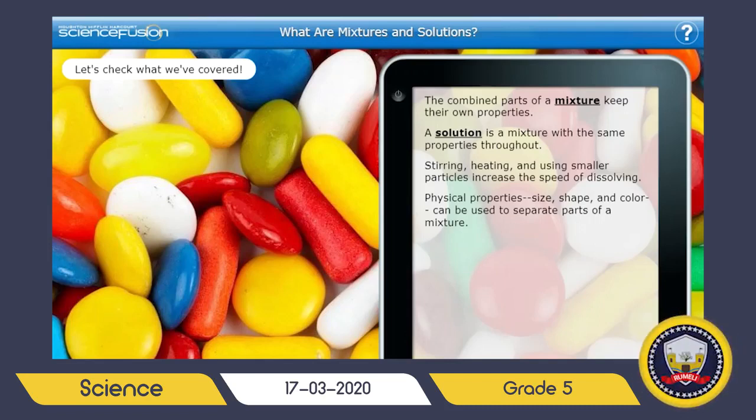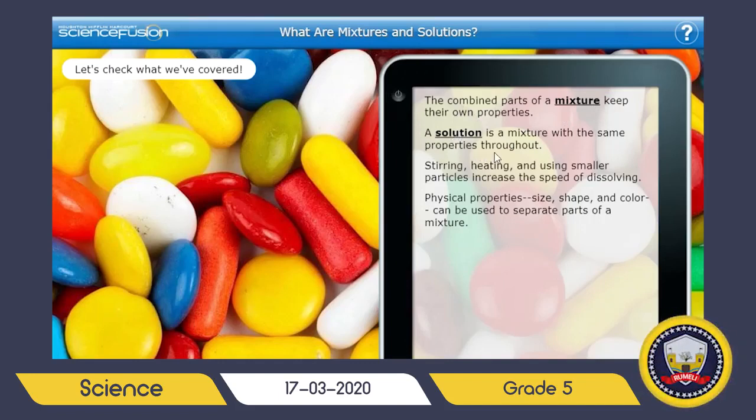Don't forget that in a salad, because they are mixed, the taste of tomato and carrot will not change. They will keep their own properties. This is not a chemical change, this is a physical change. Mixing different substances is considered a physical change. Because of this, the combined parts of a mixture keep their own properties.